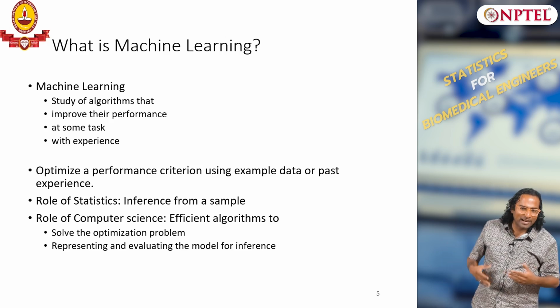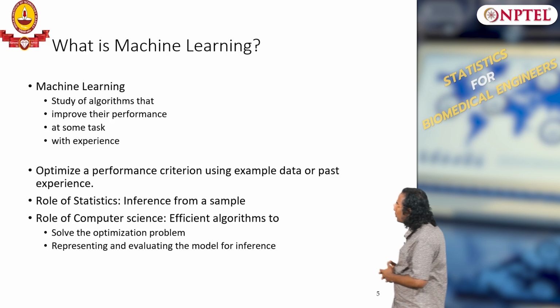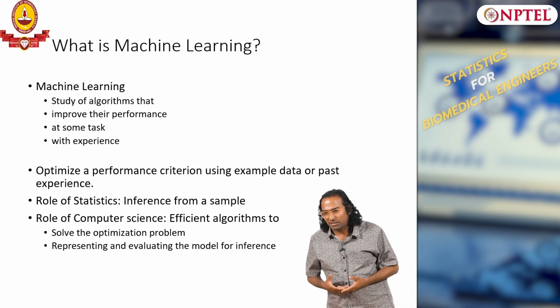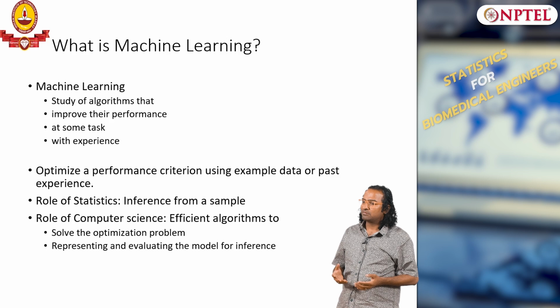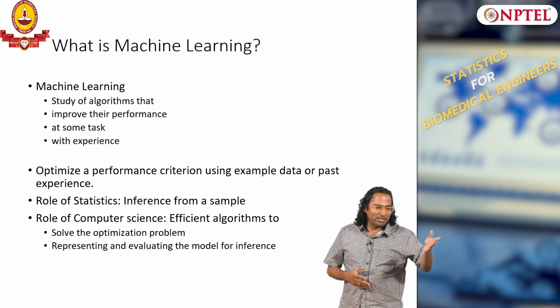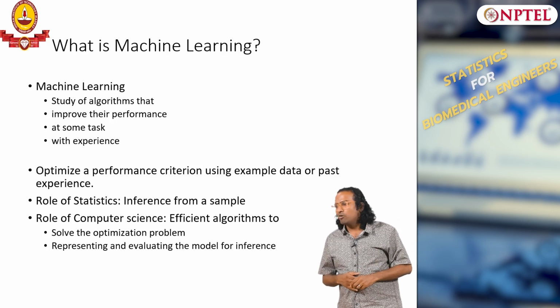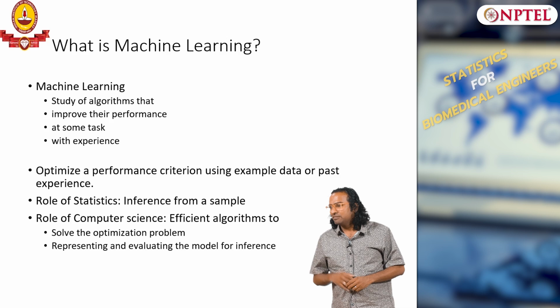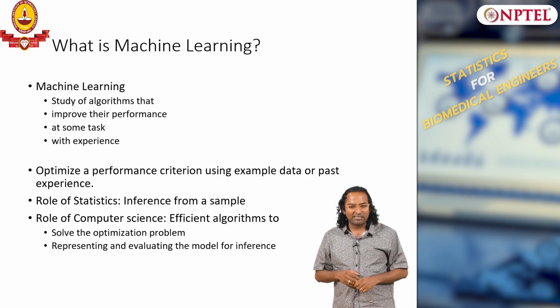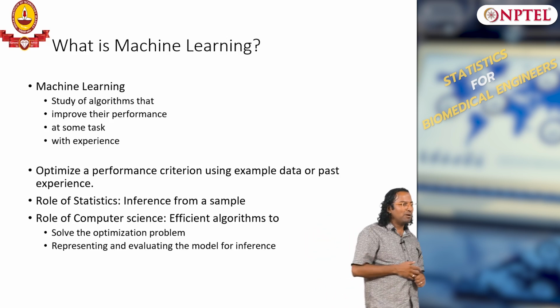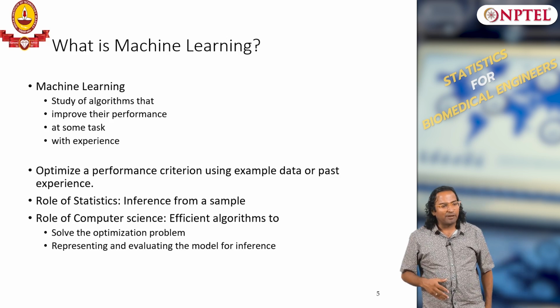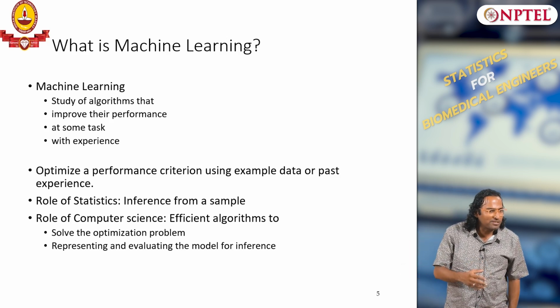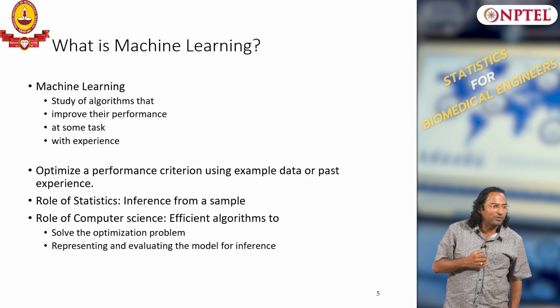So, usually an objective is involved and you want to minimize or maximize it, and that is where optimization comes into the picture. How do I optimize the objective? In the mean squared case it was simple. I just took a calculus derivative, which is what we will do here. But suppose I give you 10 variables, instead of y equals mx, y equals m1 x1 plus m2 x2 plus m3 x3 plus m4 x4.